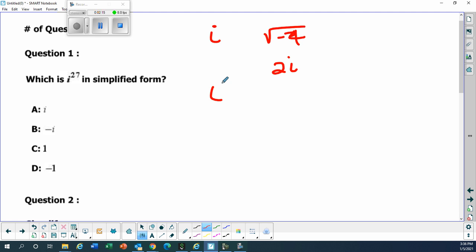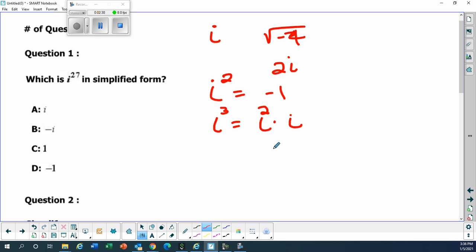So i squared is always going to be -1, right? So what is i cubed? I cubed means it's going to be i squared times i, right?